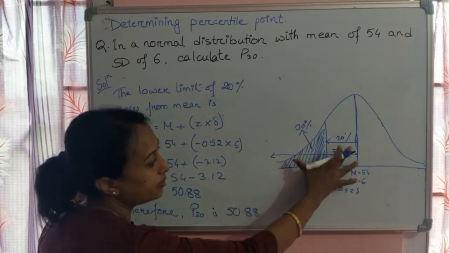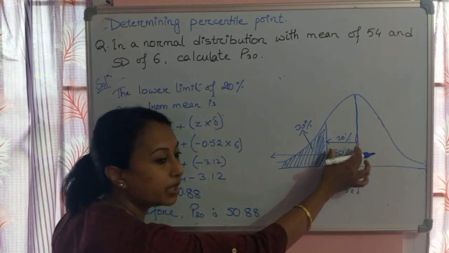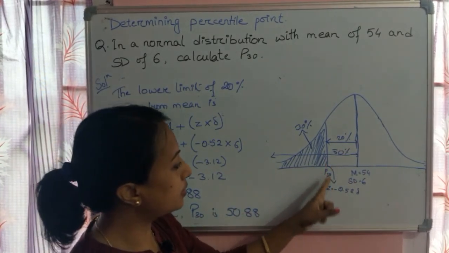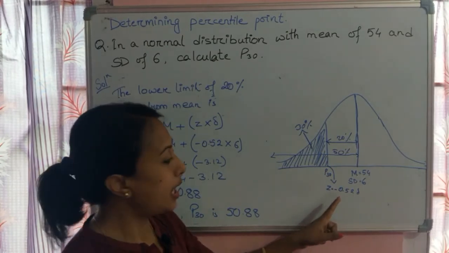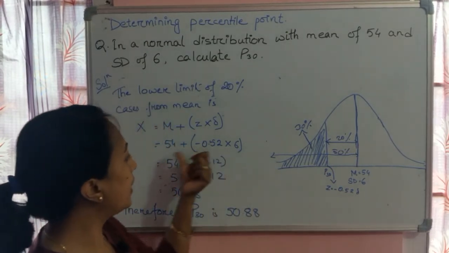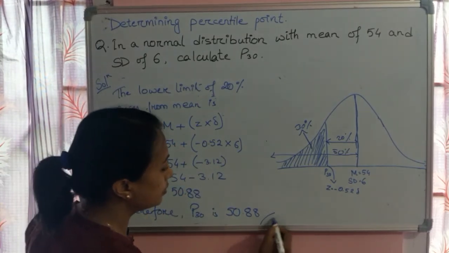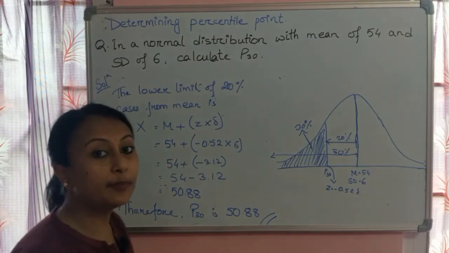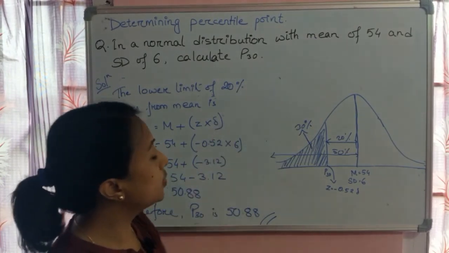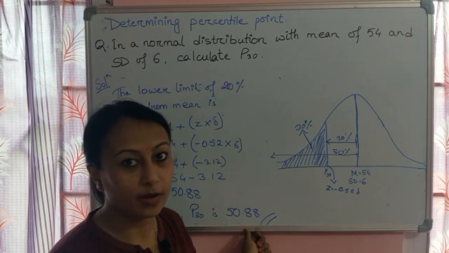Because this is 30%, we subtracted 50% minus 30% and got 20% from the mean. For this 20% we found the Z score from the NPC table, and after we got the Z score, we turned it into the X score through the formula, and we found our answer to be 50.88. So P30 for this normal distribution is 50.88.